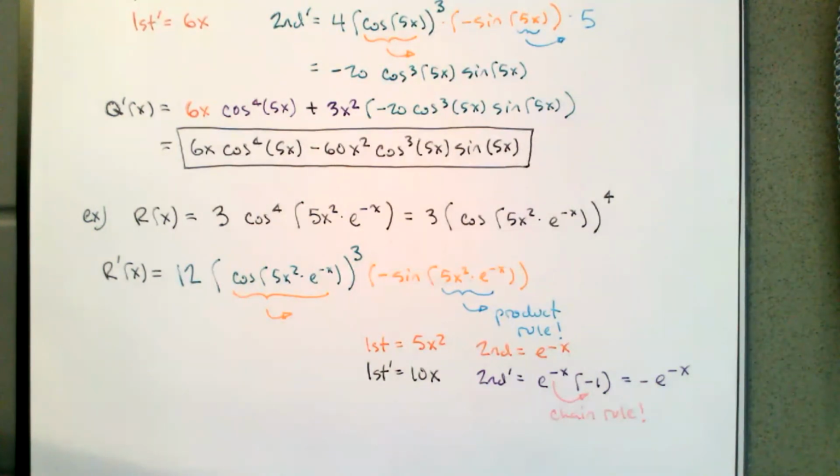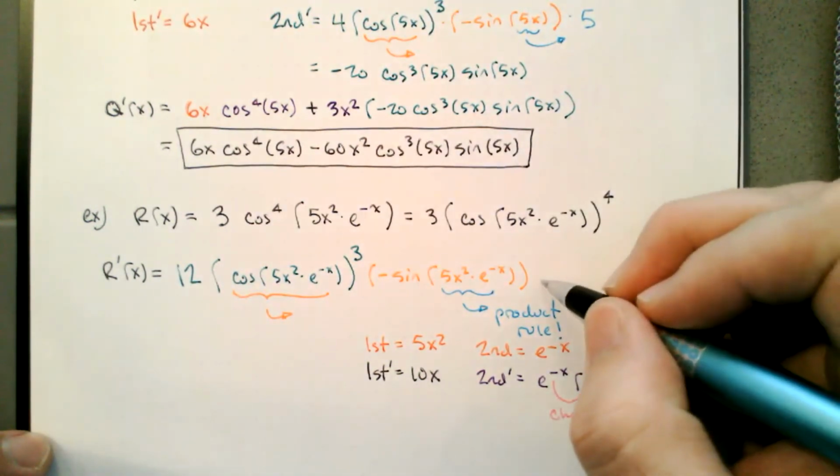So I have to multiply by the product rule based on these four parts.